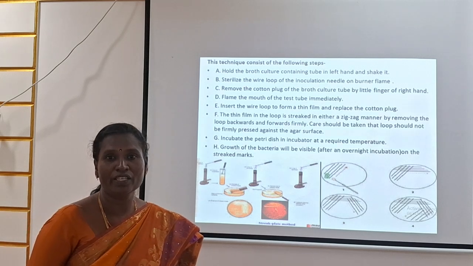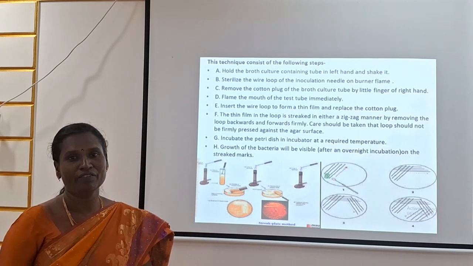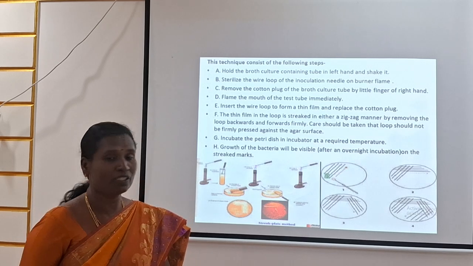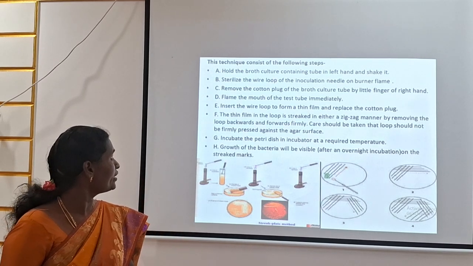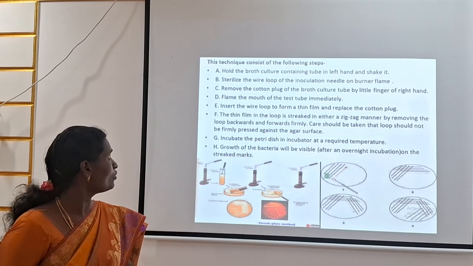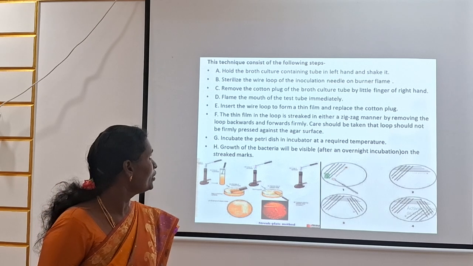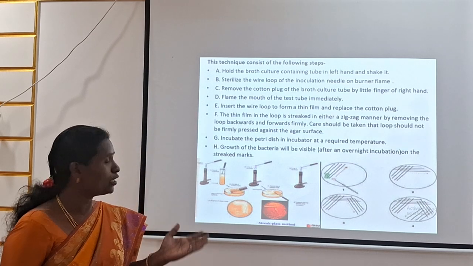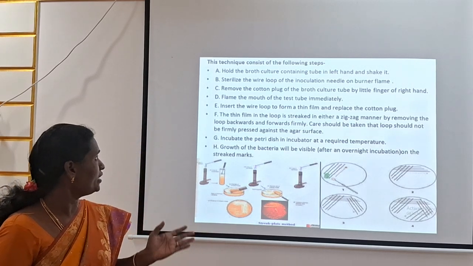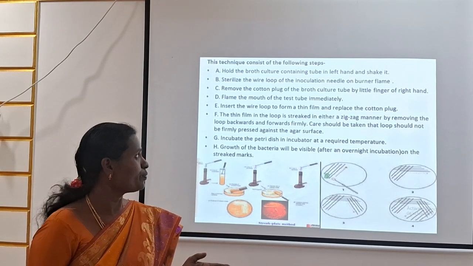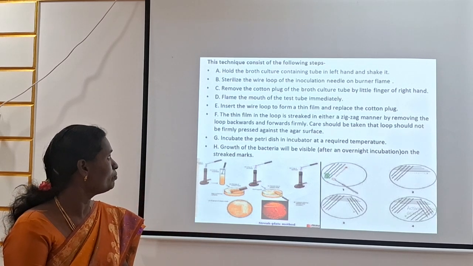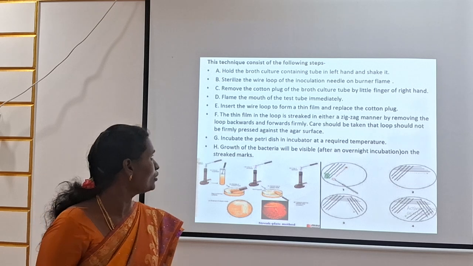Before streaking the mixed culture, we have to sterilize the inoculating loop with a hot flame. After attaining red hot condition and cooling for a few minutes, the mouth of the culture tube should be immediately sterilized. After that, the loopful of culture should be spread on the agar medium in a zigzag manner, moving the loop backward and forward firmly.